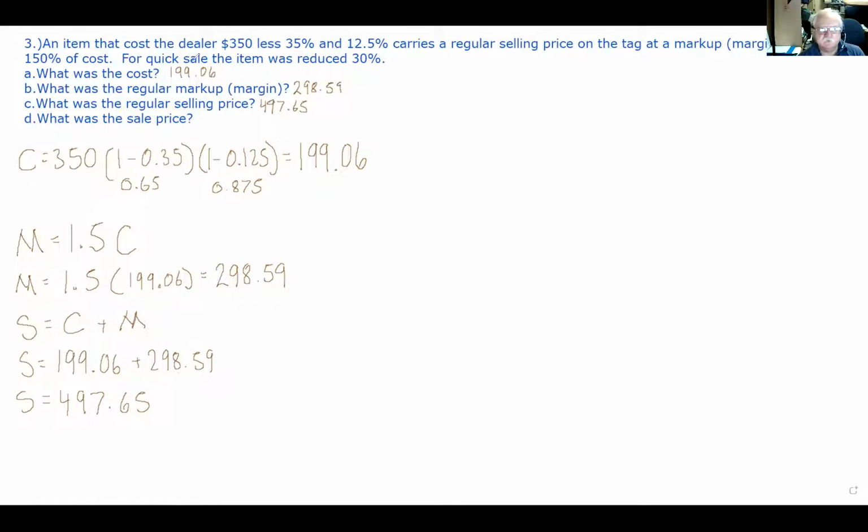And then they've said for quick sale, the item was reduced 30%. So again, this is just a discount. So we're going to use N equals L(1 minus D). And we don't know N, but we know the list price was 497.65.